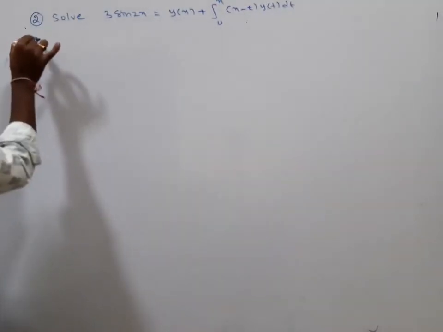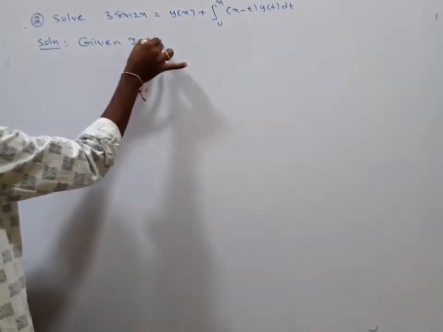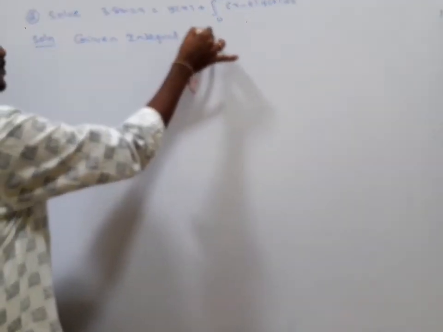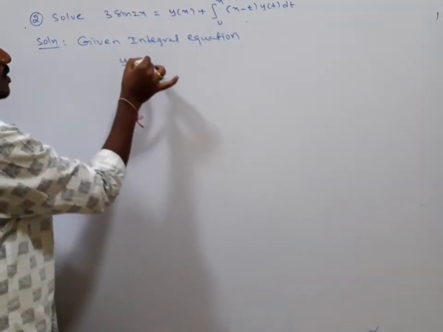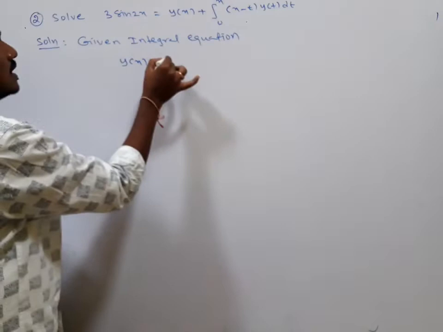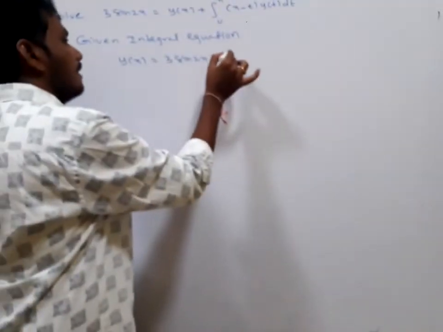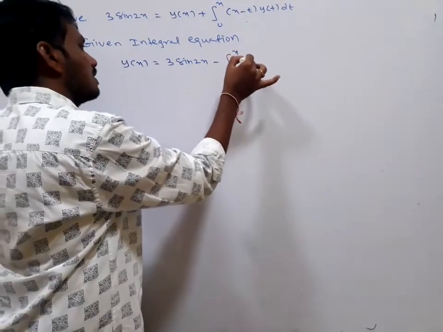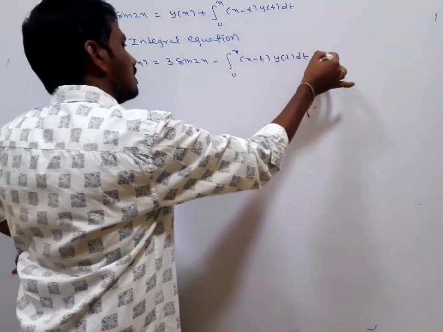So now coming to the solution, just follow the procedure. As per the given integral equation, it is better to write y of x. y of x is equal to 3 sine 2x minus integral 0 to x of (x minus t) y of t dt.